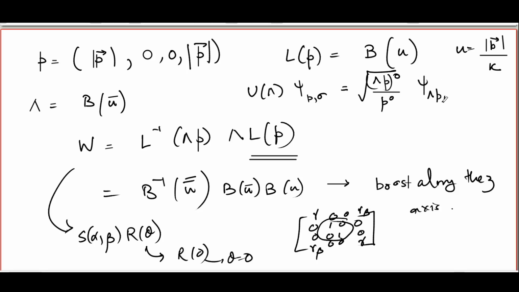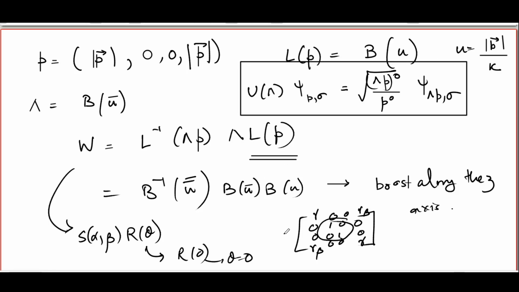So all that happens here is this. So for a particle which is moving along the z-axis, if you try to observe it from another observer who is also moving along the z-axis, you are actually going to end up with just an overall scale factor which essentially keeps the normalization intact, and the momentum of the particle of course is going to change according to this Lorentz transformation. So this was a rather simple case.